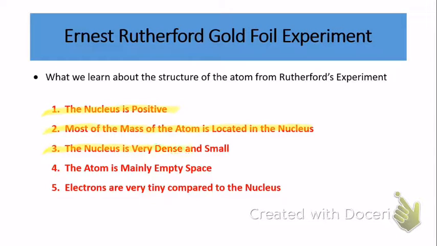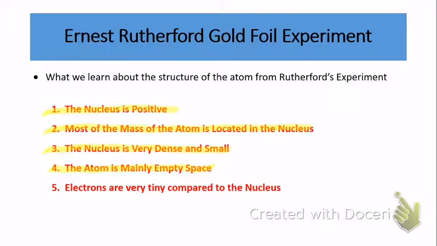The nucleus, therefore, is very small but very dense. All right, small compared to the overall size of the atom. However, the nucleus is quite large compared to the electron. The electron is super, super, super tiny. All right. The atom, therefore, is mainly empty space.